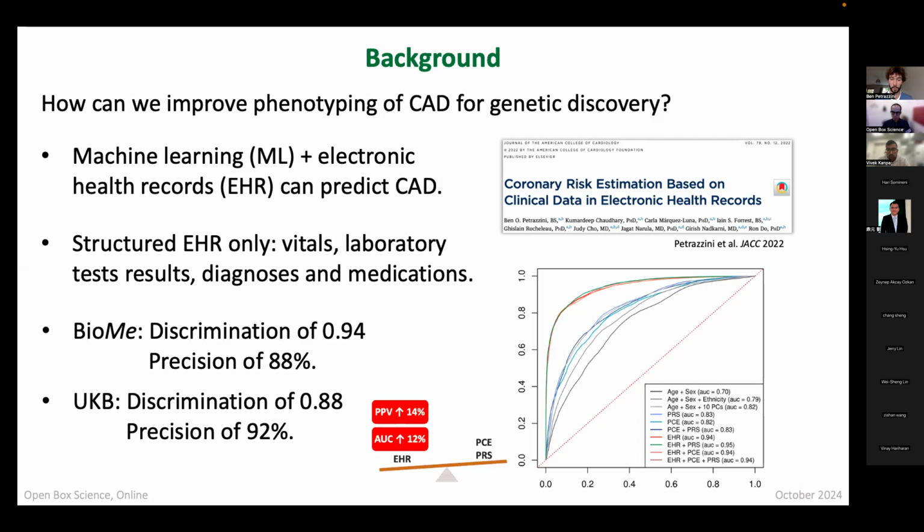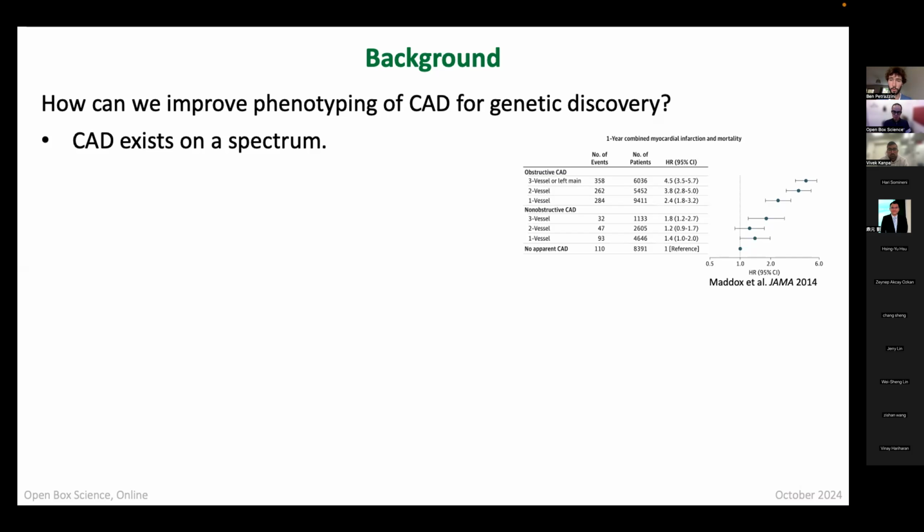And that's what brought us to think that this same methodology and approach could be used to characterize CAD. There have been studies showing that CAD, as opposed to other diseases, exists on a spectrum, so there are different gradients of atherosclerotic burden that lead to different outcomes on a scale.